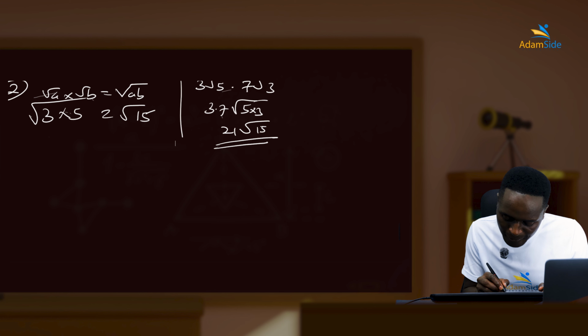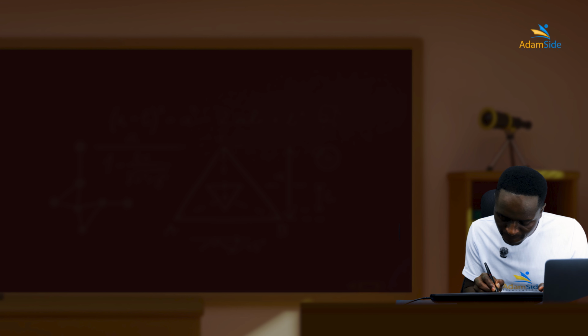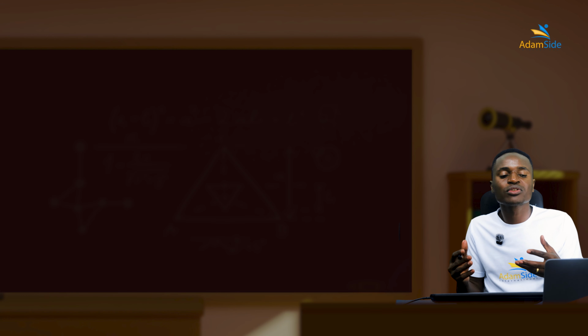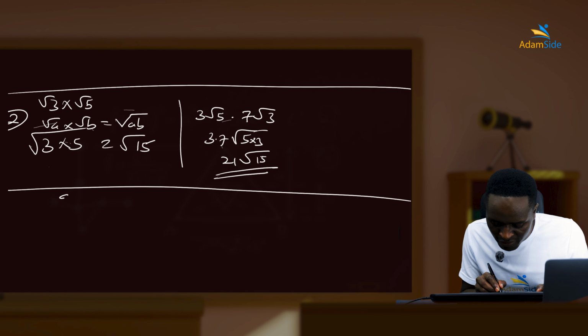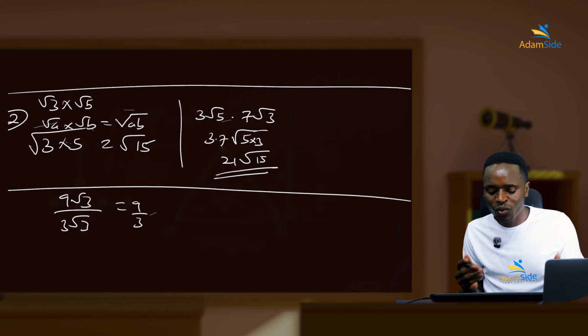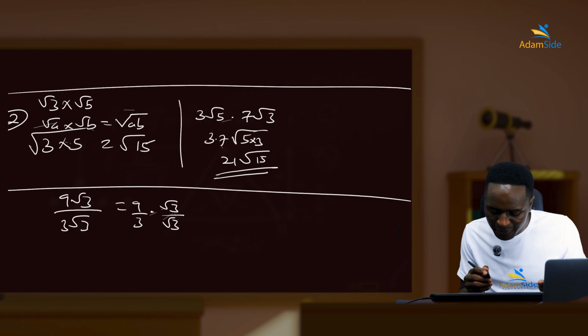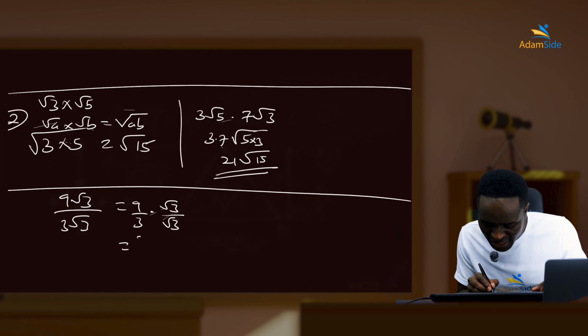And then the division property. Remember, division is the opposite of multiplication. So for example, let's say we have 9 root 3 divided by 3 root 3. What do we do in that case? Remember, the coefficient is 9 and the surd is root 3.